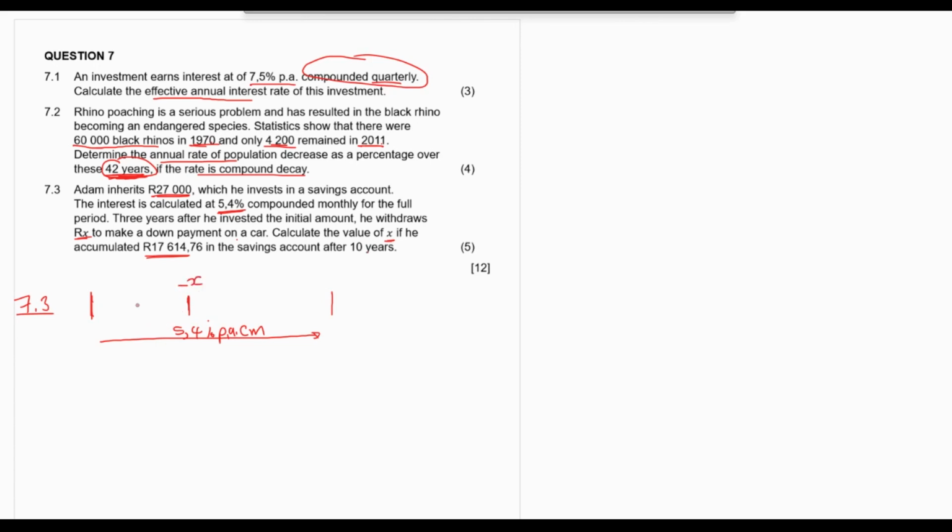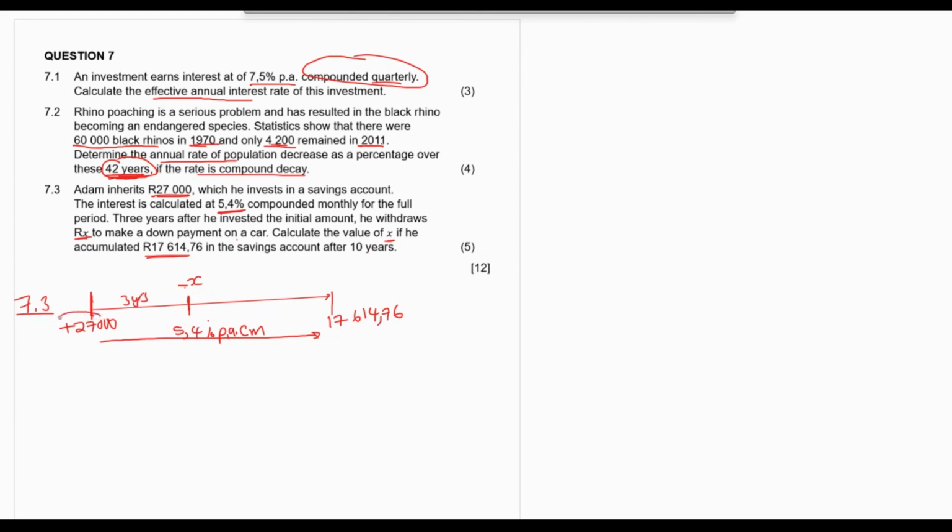We started with 27,000, so plus 27,000 was invested here. Then at 3 years, x rands was withdrawn. And then how much does he have here? We have 17,614 rand 76 cents. So I prefer this method. There are many methods of doing this, but I prefer this.